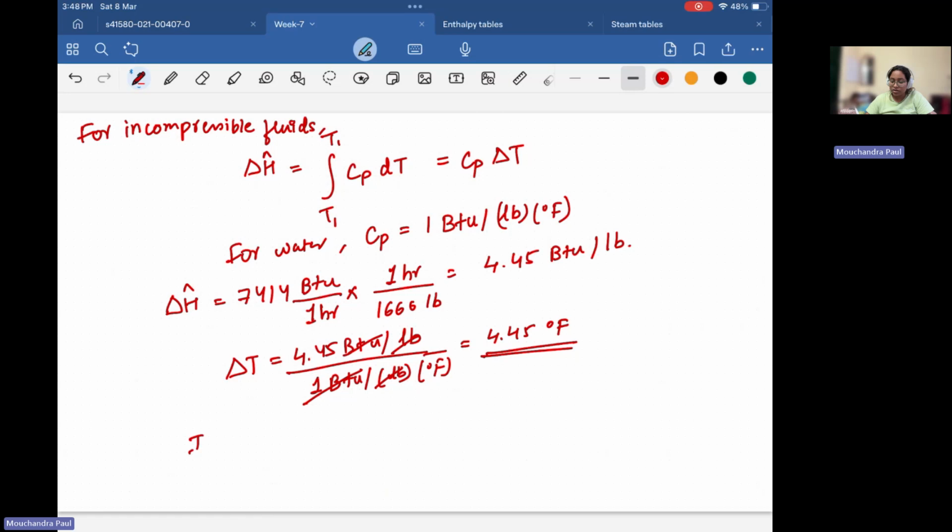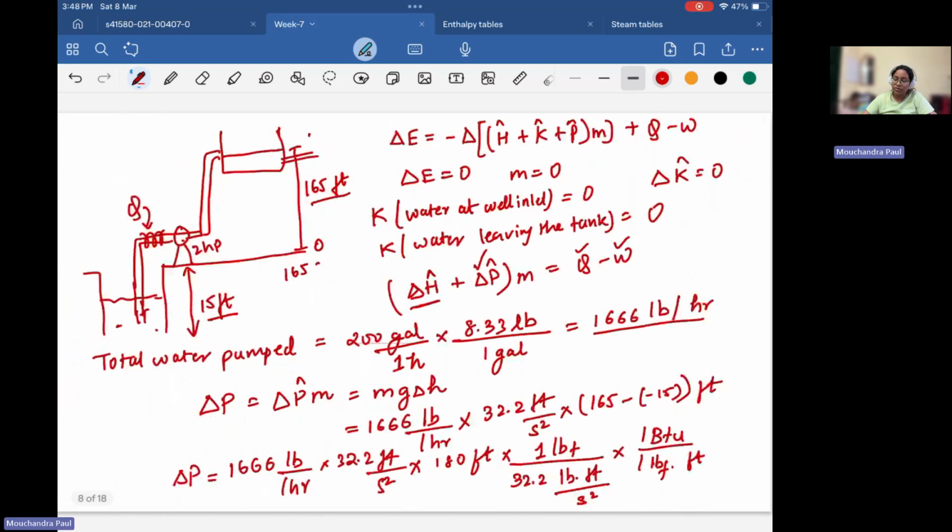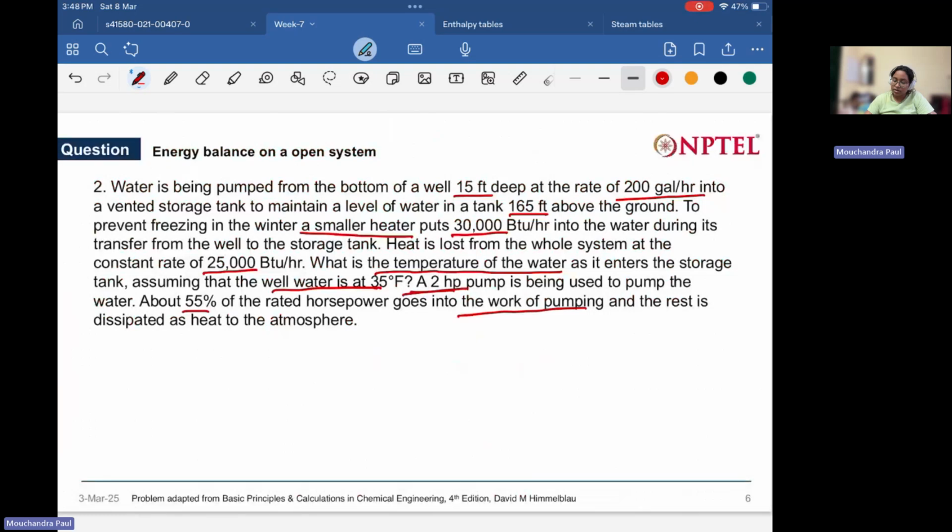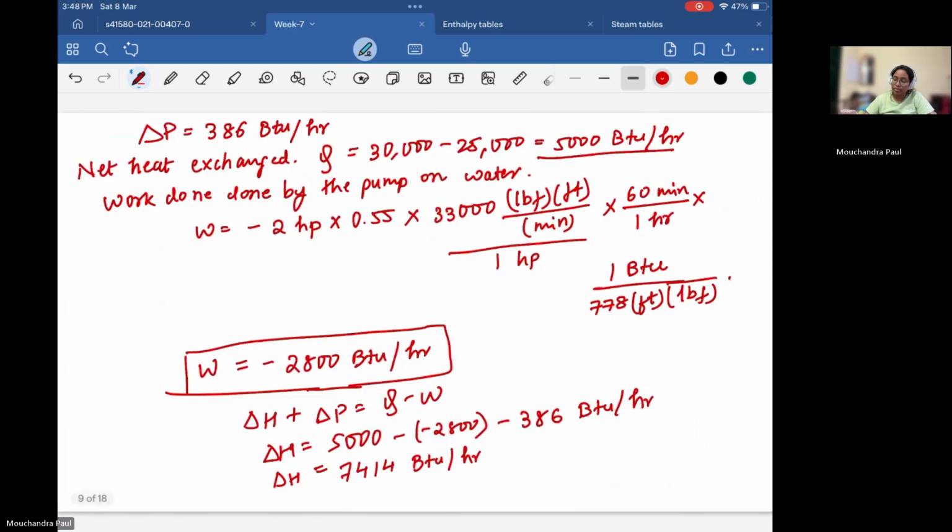So initially, well water had temperature of 35 degree Fahrenheit. If you recall, this is the initial temperature.